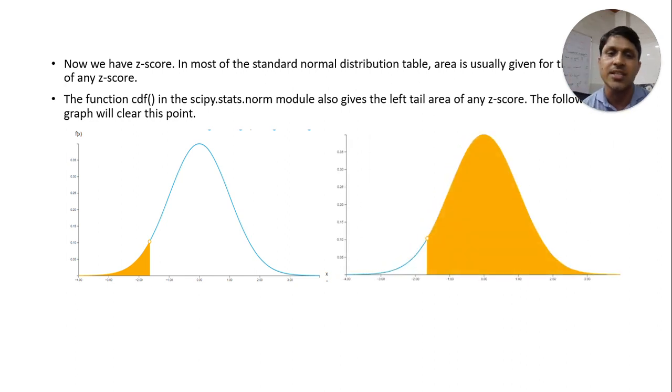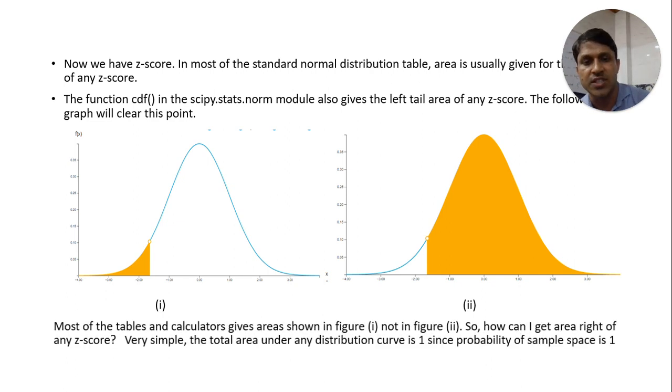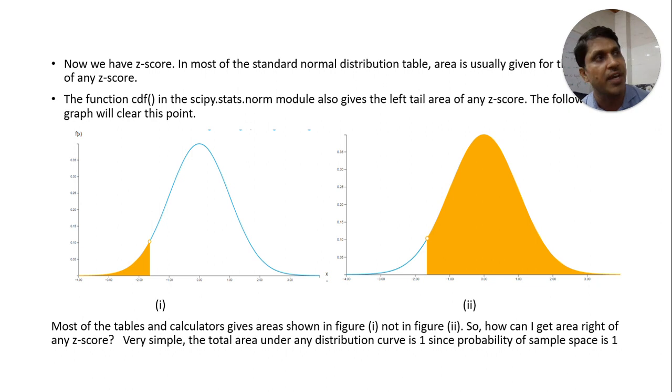In the second graph you can see the area right of some z point, which is like negative 1.605. These two areas represent probabilities, but the calculator and the table give the left side area, not the right side area.